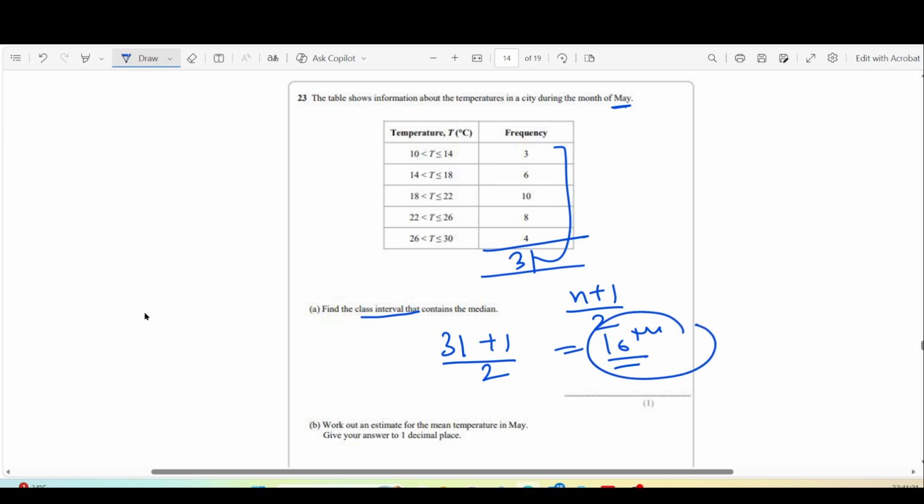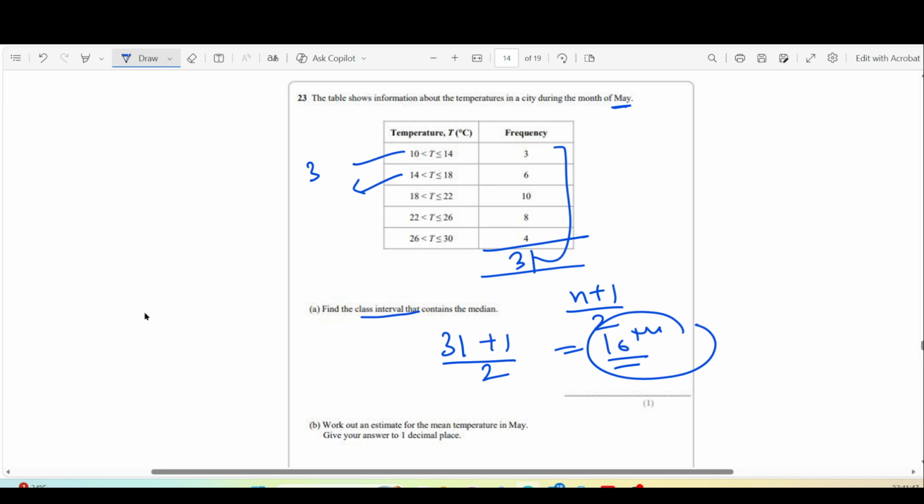Now find where the 16th value will fall using the cumulative frequency, because if you see between 10 and 14 there are three values, right? 11, 12, 13. And here between 14 and 18 there are six values: 15, 16, 17, 18.